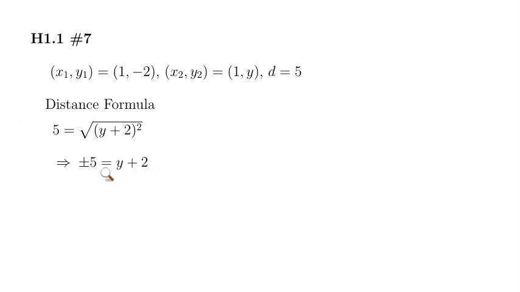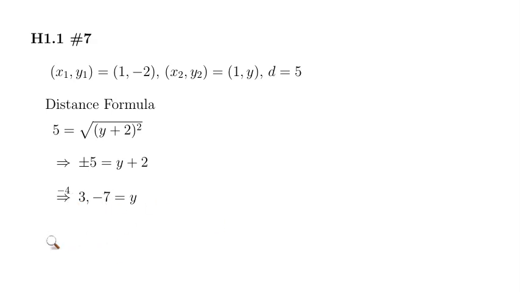Then all you have to do is get rid of this plus 2, so we subtract 2 from both sides. 5 minus 2 is 3, and negative 5 minus 2 is negative 7. So you get 3 and negative 7 as the values of y.